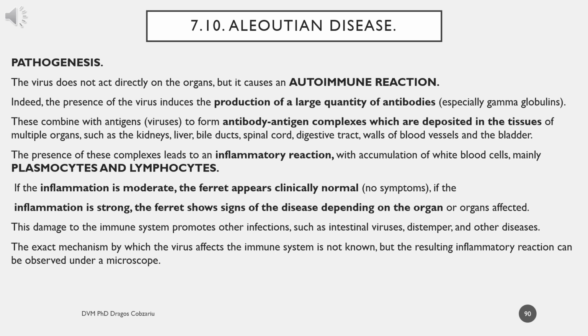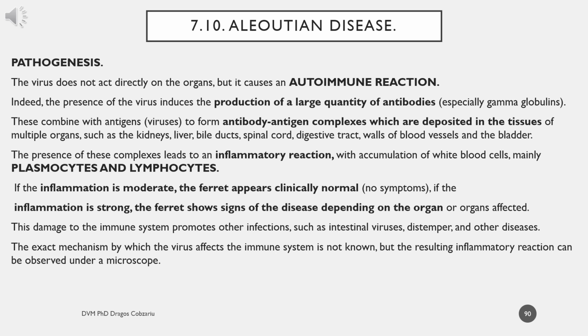The presence of these complexes leads to an inflammatory reaction, with accumulation of white blood cells, mainly plasmacytes and lymphocytes. If the inflammation is moderate, the ferret appears clinically normal, no symptoms. If the inflammation is strong, the ferret shows signs of the disease depending on the organ or organs affected.